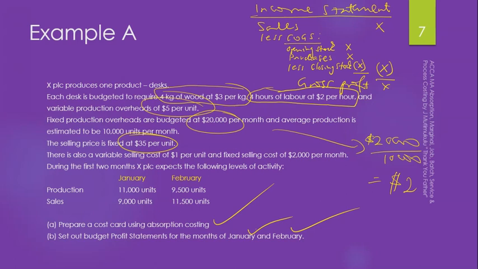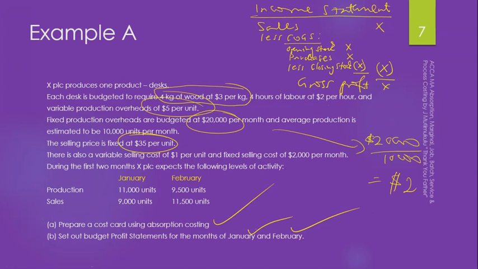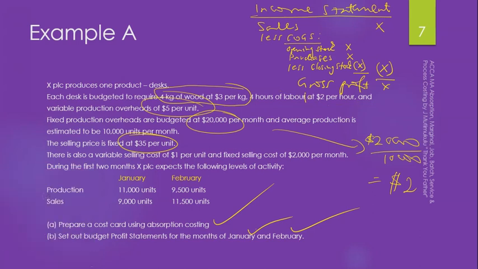This is actually the standard income statement. Then you have to deduct expenses, whatever they are, and you arrive at your ultimate profit.